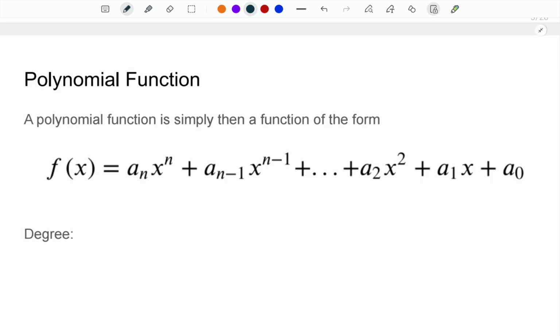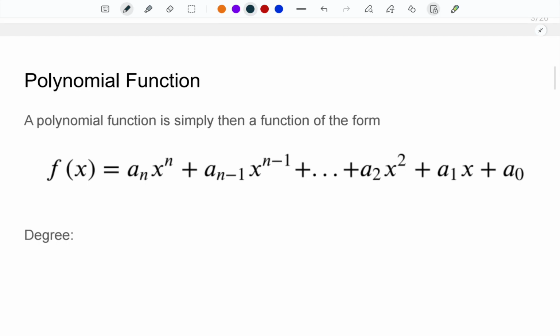All right, some important terminology to know with polynomials is what is the degree of a polynomial. Well, the degree of the polynomial is the value of the largest exponent.